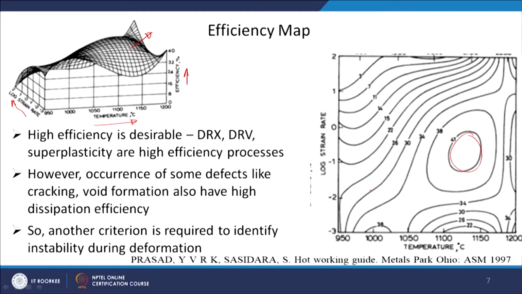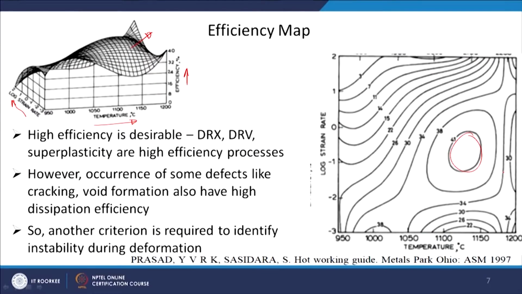Okay. So, high efficiency is desirable because I told you DRV, DRX, and superplasticity are all high efficiency processes. Okay. However, the occurrence of some defects like cracking and void formation also have high dissipation efficiency. So, this is another interesting thing, that some defects also give you very high efficiency for power dissipation, because a lot of power goes in creation and propagation of these defects. Okay.